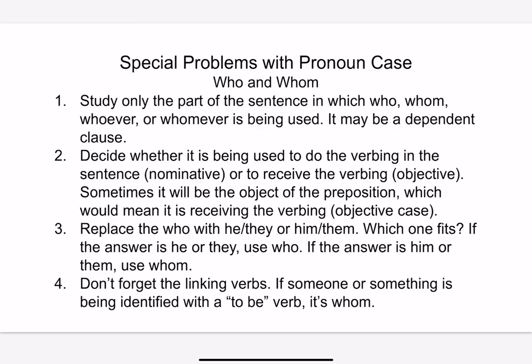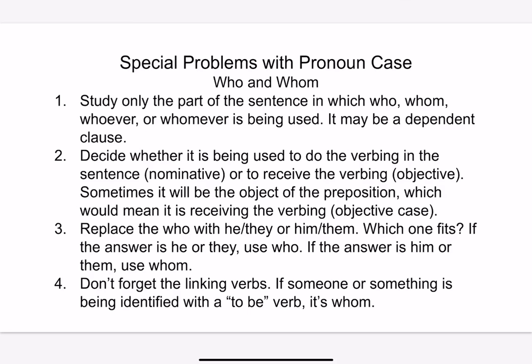Is it being used to do the action, nominative, or is it being used to receive the action, objective? So if we can figure out that it's doing the action of the sentence, then we're going to use he, she, and who in that case. If it's receiving the action, we're going to use him, her, and whom. So we'd also use whomever if it's in the objective case, or whoever in the nominative case.